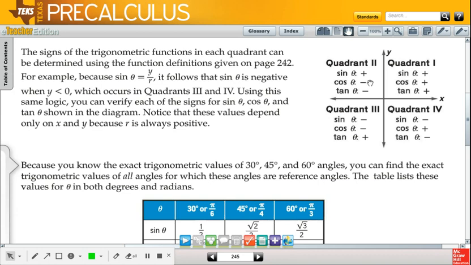My second word is students, so the first letter is S. S stands for sine, that's positive. My third word is take, the first letter is T, and T is for tangent, which is positive.